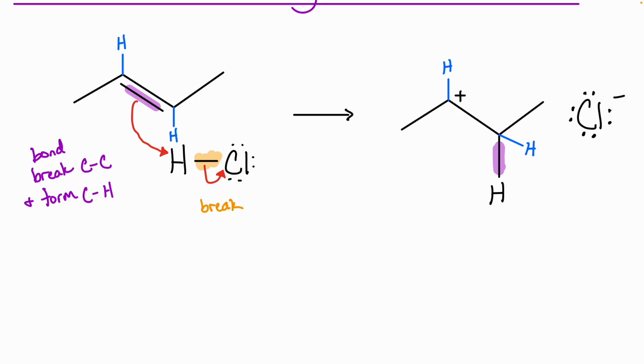Let me see if I can illustrate this here. We had this carbon-carbon pi bond here. If we look at what happens to that carbon over there on the left, when this pair of electrons swings around to form this new bond with hydrogen, that carbon on the left got that pair of electrons taken away from it, so it's left with an incomplete octet.